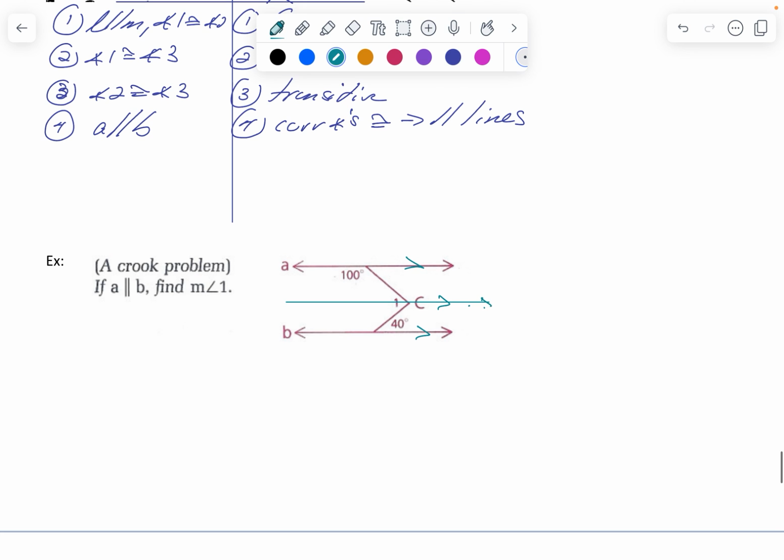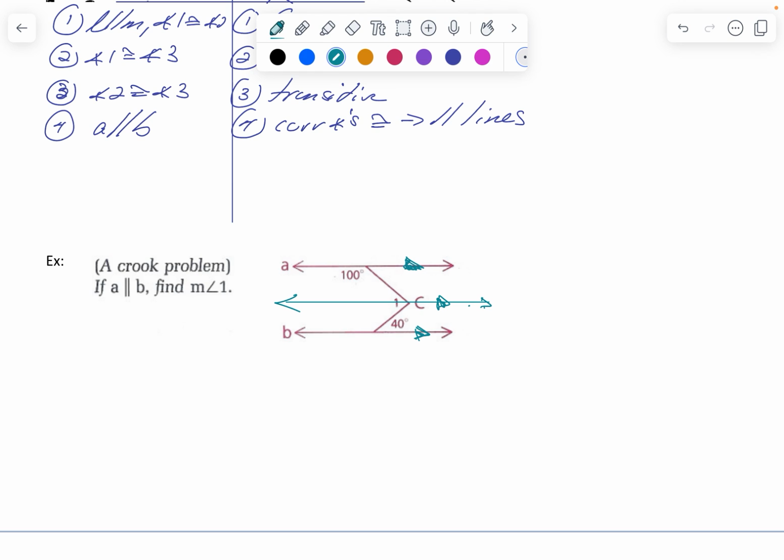And then, let me get the parallel looking things. So if that line is drawn so it's parallel to A and parallel to B, we also learned the transitive property, right? If we drew it in so it's parallel to A and A is already parallel to B, then it's parallel to B too.